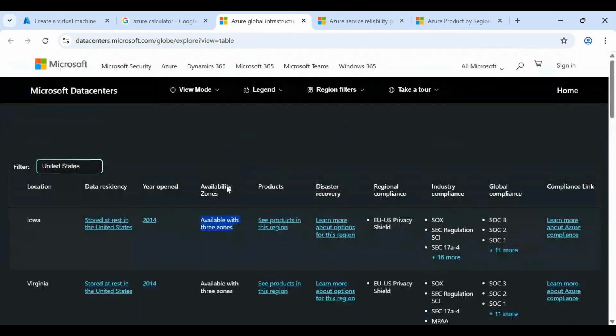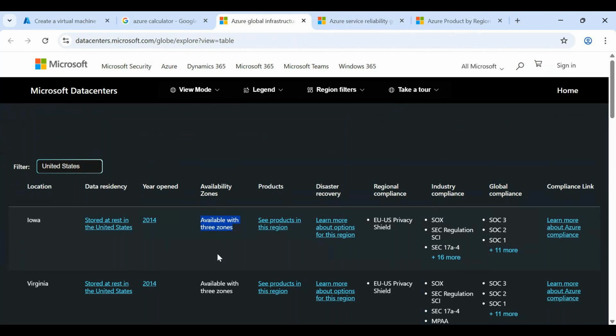So this is the difference between geography, region, and availability zone. United States is my geography, and region is nothing but my east, west, central, and so on. An availability zone is, in East US itself, three different physical places chosen, three different data centers available.